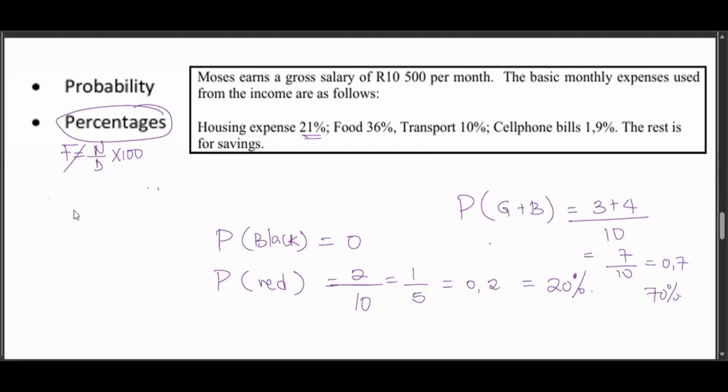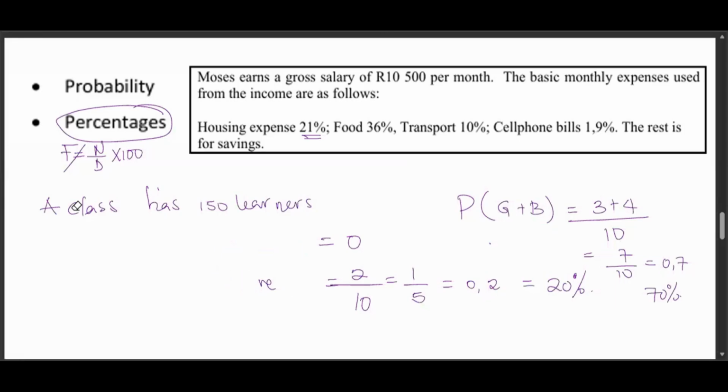Now, let's see this one here. For example, a class has 150 learners. And we say of these 150 learners, 40 belong to the maths class.